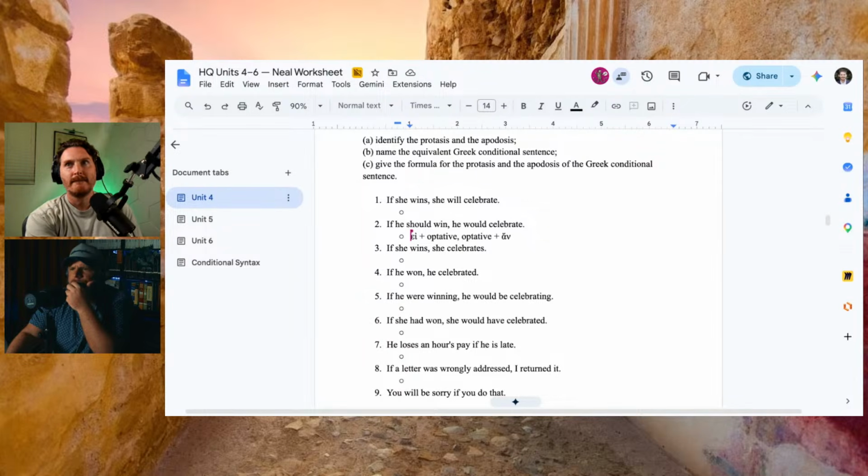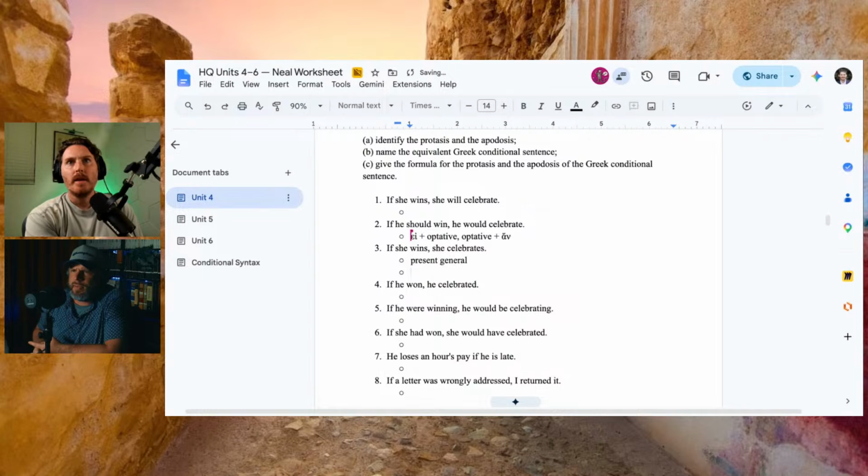Also future indicative, right? Well, it's not future because she's doing it all the time. She's winning, she's celebrating. Present. So ean plus subjunctive.